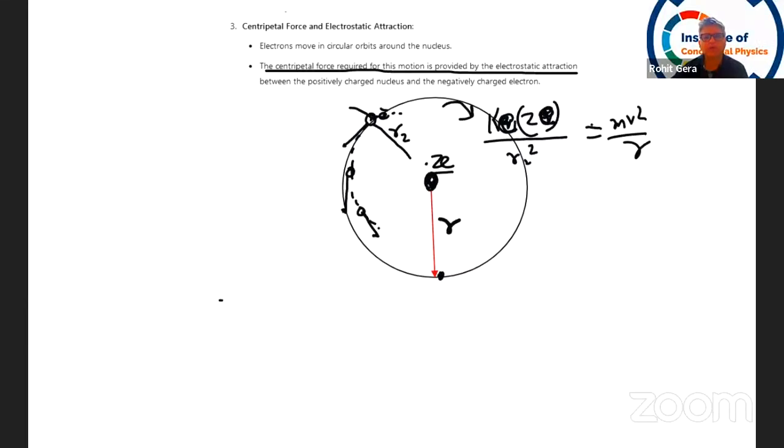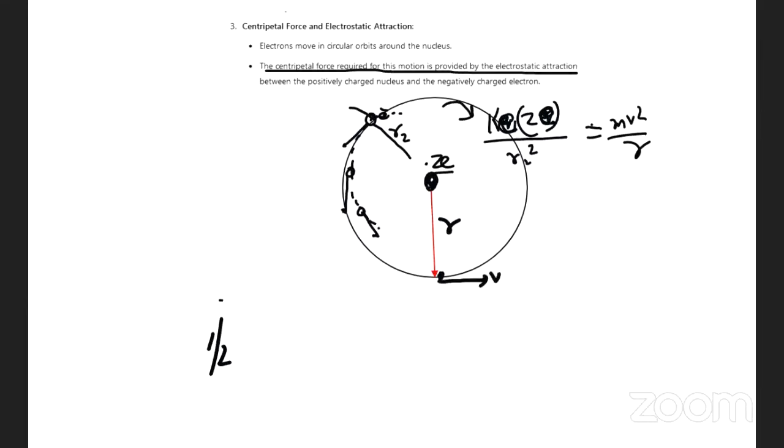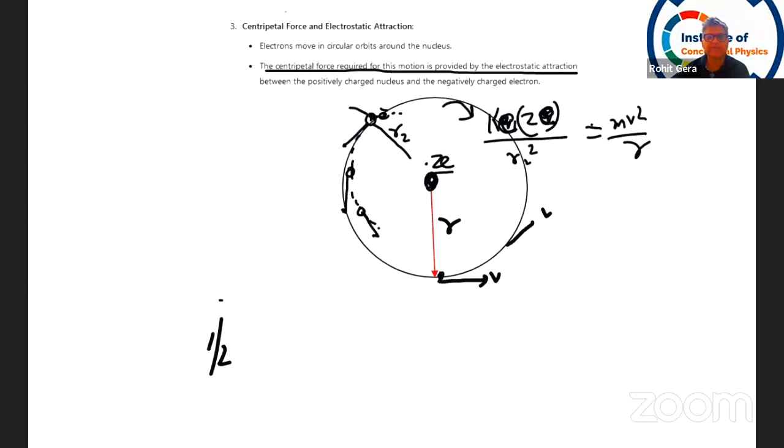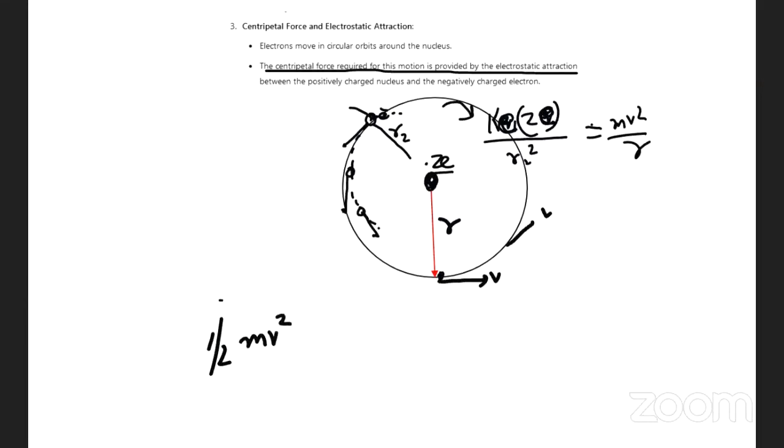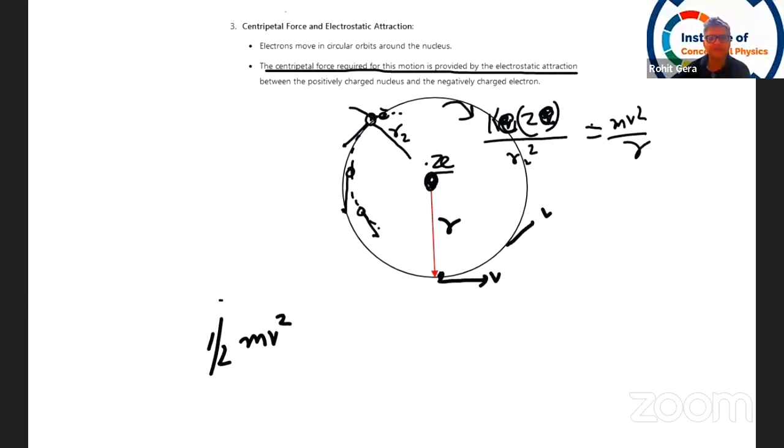So the electron has a velocity v in this orbit, which is fixed. So it has a kinetic energy half mv square, because it is in motion. The kinetic energy of the electron in the nth orbit.